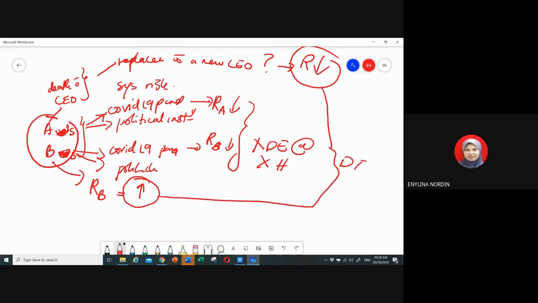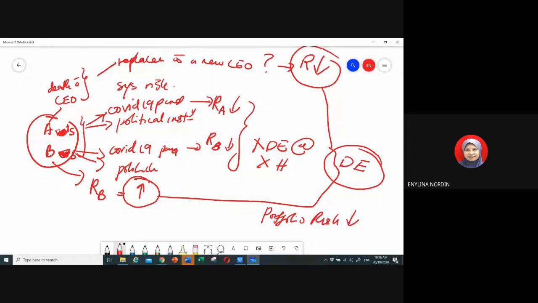Diversification. Yes, diversification effect. Are you following? Yang menyebabkan the portfolio risk reduce. Okay? Sorry. Okay, boleh? Right.